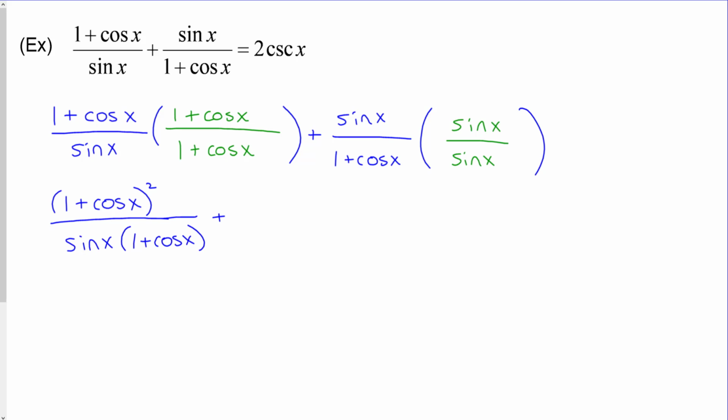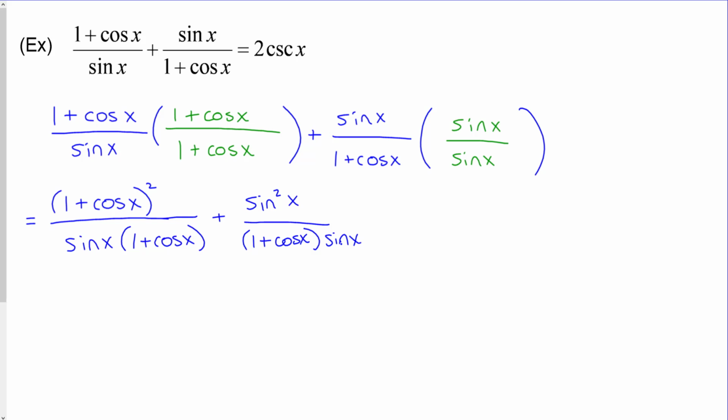And in the second fraction, I'm going to have sine squared x over 1 plus cosine x times sine x. Now, the denominators are the same. I have the multipliers written in the opposite way, but it's fine. They're equal to each other.